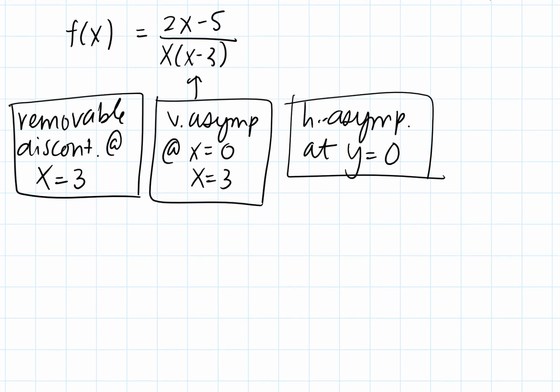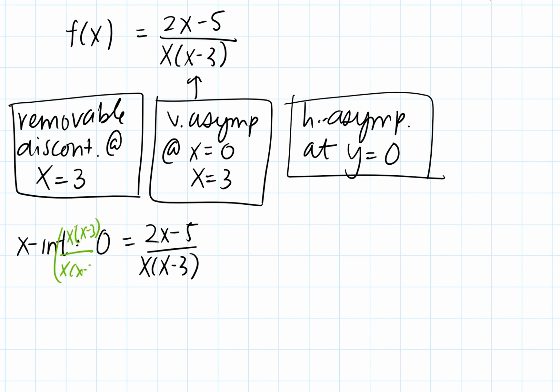Let's find the intercepts next. To find an x-intercept, I'm going to set y equal to 0. And once you get a common denominator, we can put that 0 over 1, of course. If you get a common denominator, then you set the numerators equal.